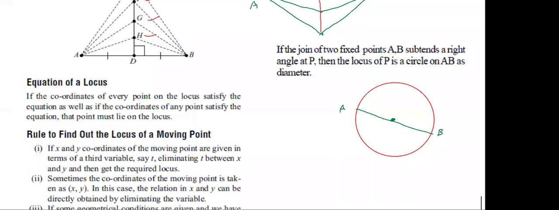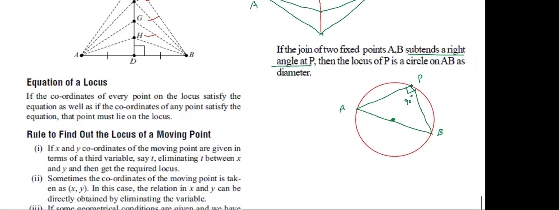And locus means the path of the circle only. Suppose I am taking P here. Here observe that join AP and BP. Angle in a semicircle, you know, is a right angle. Here is the right angle, 90 degrees. See here, if the join of two fixed points A, B subtends a right angle at P, then the locus of P is a circle on AB as diameter.